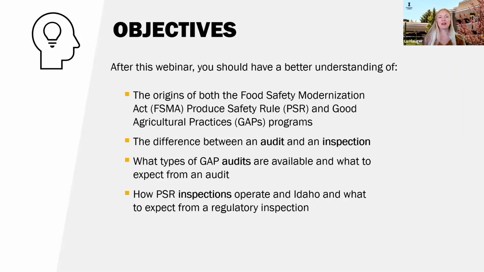You've probably heard of that. So basically the history of both. Secondly, the difference between an audit and an inspection and why it's important to differentiate between these two terms. Third, what types of GAP audits are available and what to expect from a GAP audit. And lastly, how a Produce Safety Rule inspection operates in Idaho and what to expect from a regulatory inspection.